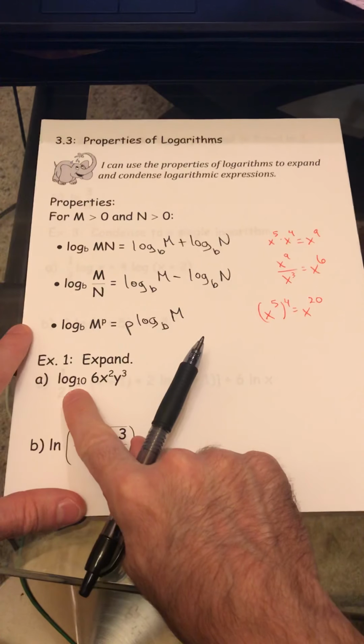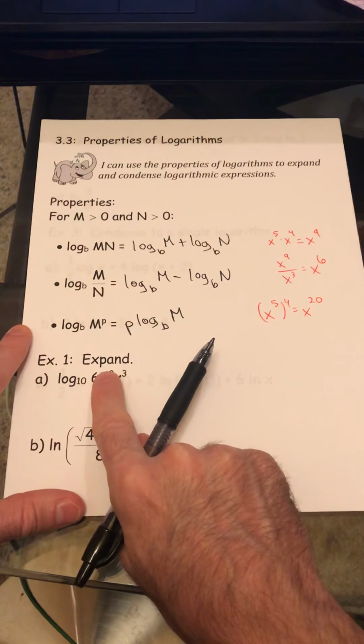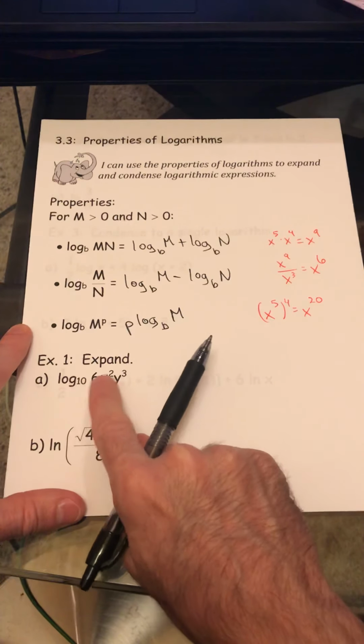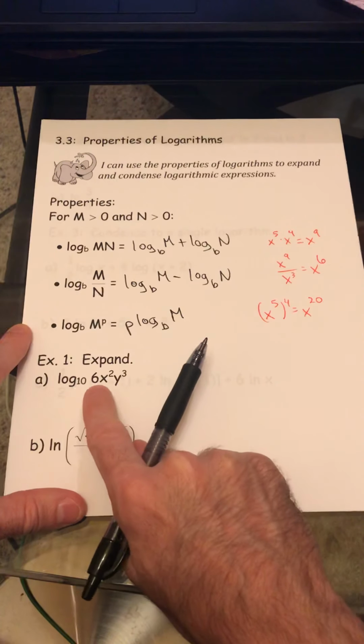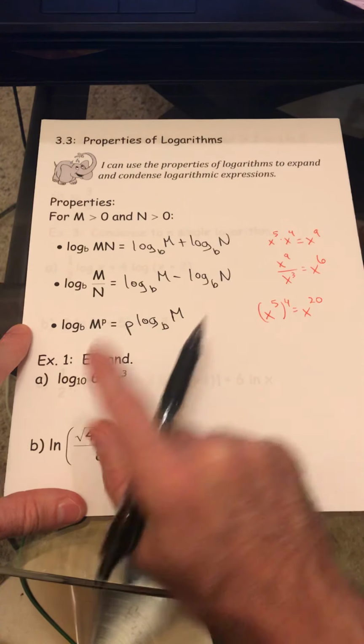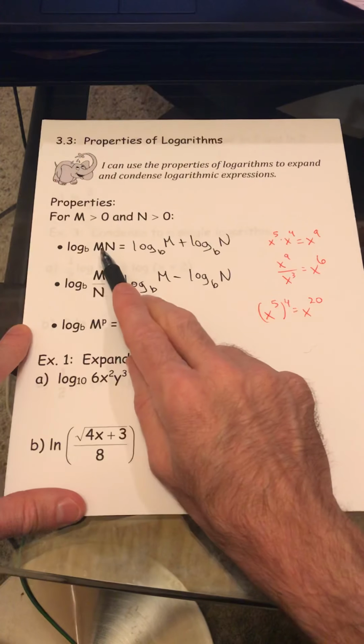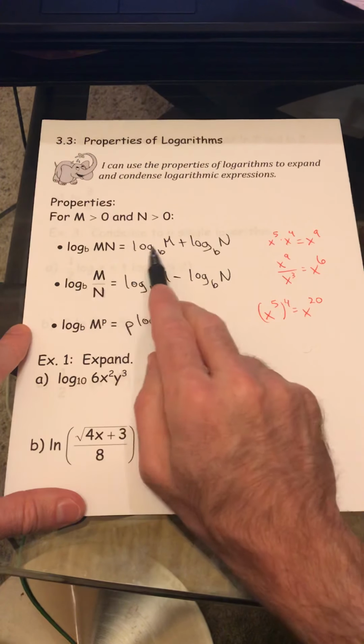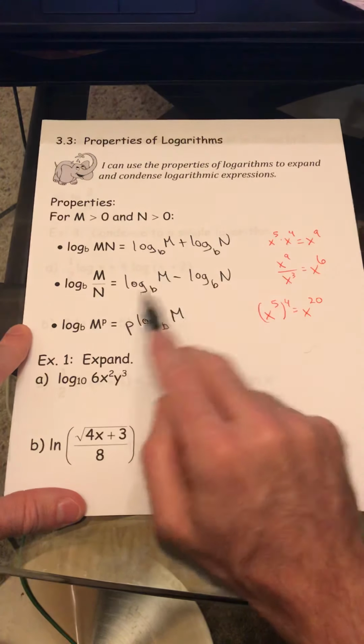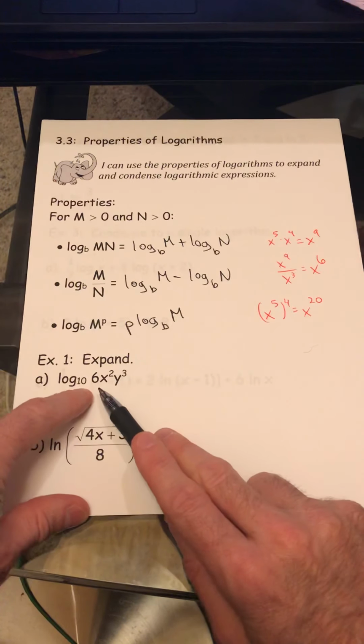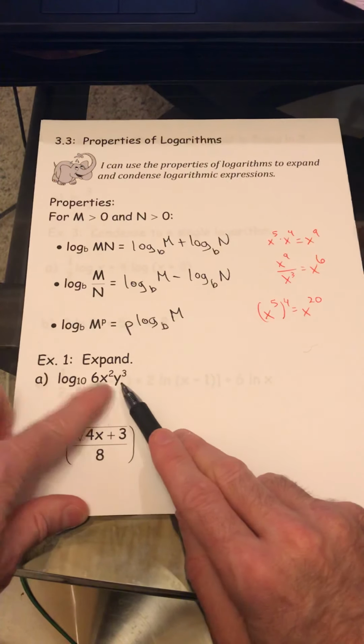So again, it's at least along those lines. All right, for this one, we're going to use the properties to expand into separate logarithms. Here's the key thing. If you notice, when we expand, both terms have a logarithm. So for this one, log base 10 of 6 times x squared times y to the 3rd.